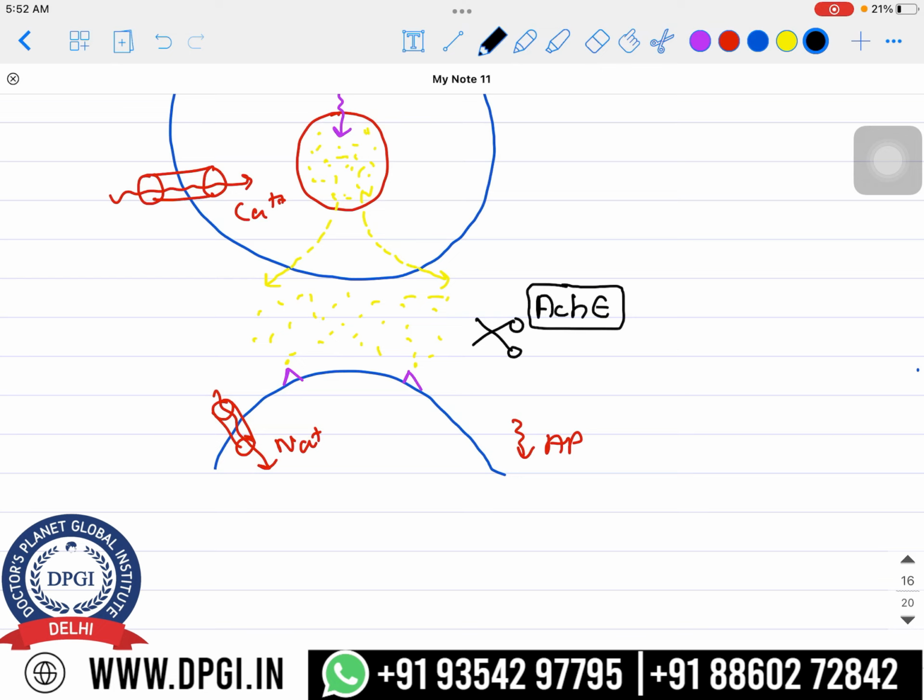Acetylcholine will be dividing itself into two parts. So here was the acetylcholine, and it will divide into two parts. One is the acetyl coenzyme A, and the second one is the choline, right? And what will happen, choline will be further reuptaken and the acetyl coenzyme A also will be reuptaken.